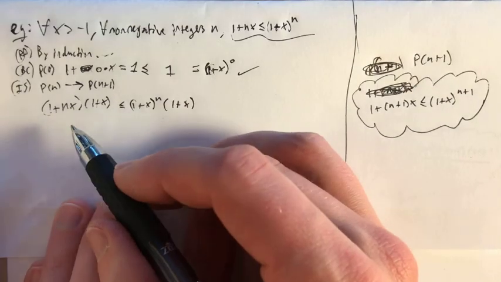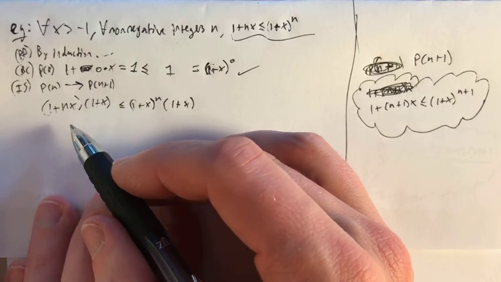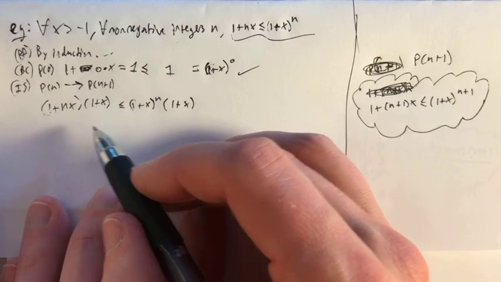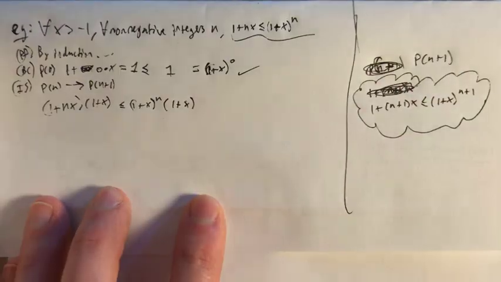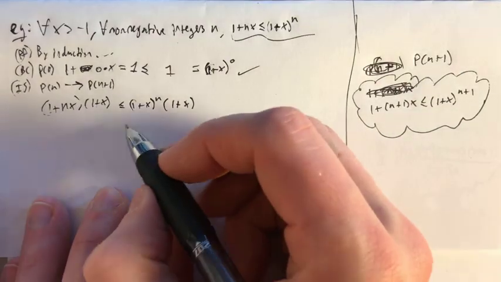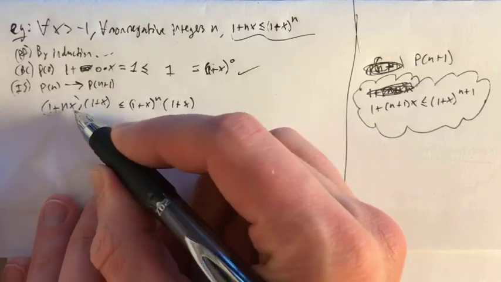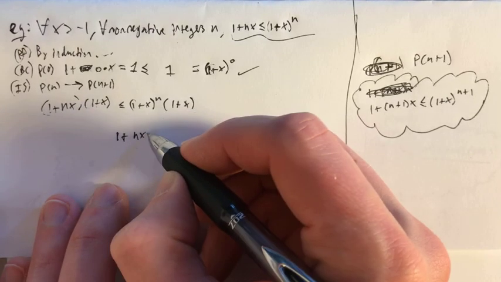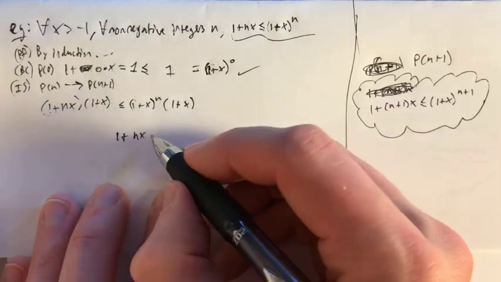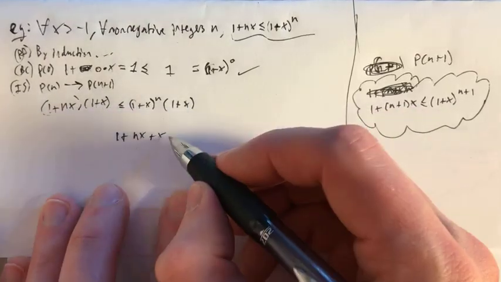Okay, now I want to simplify both sides of this, but I'm going to leave a little bit of space here. So I'm going to start by simplifying the left-hand side. So I have 1 plus nx plus x plus nx squared.